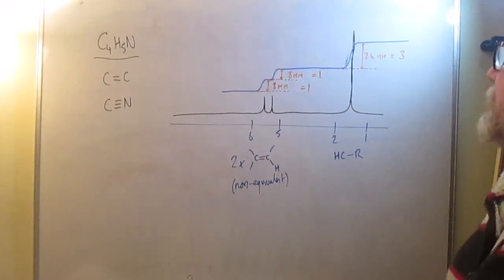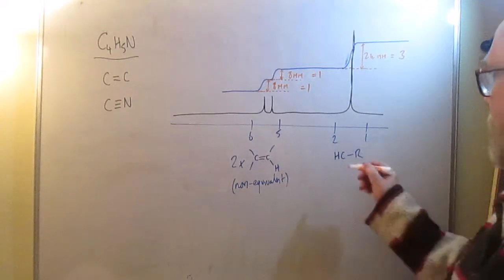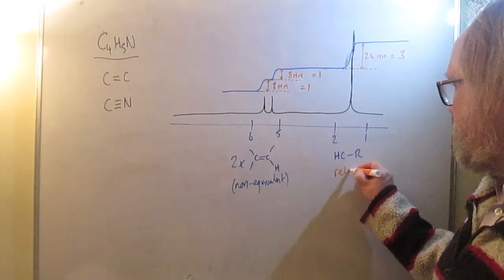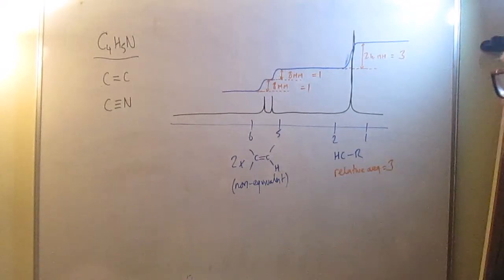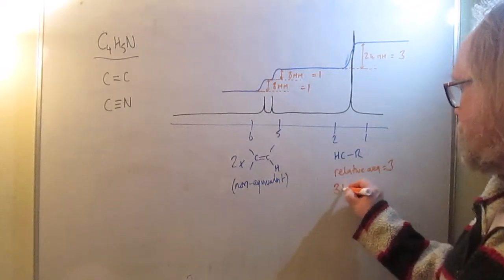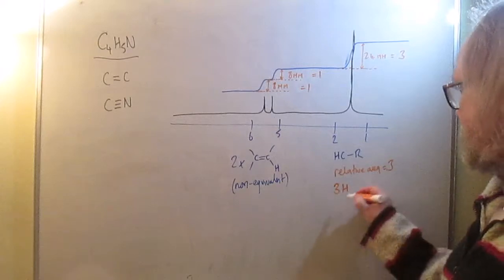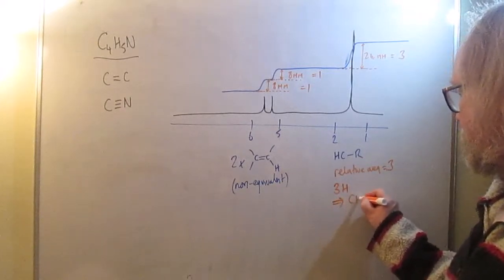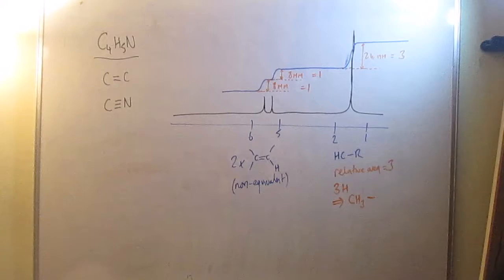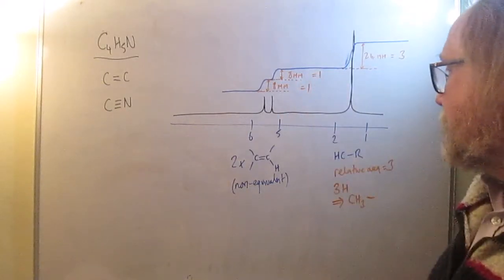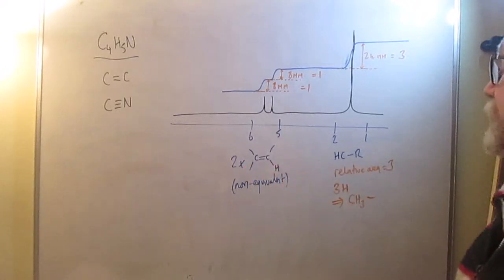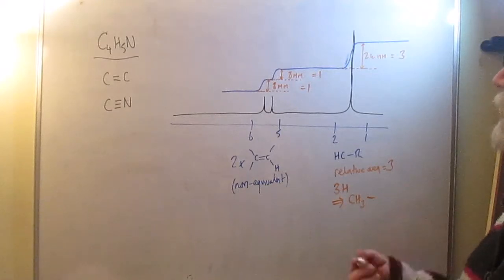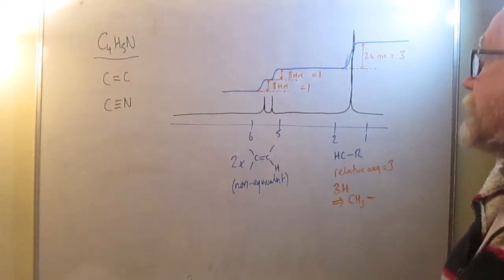So what that tells you is that the HCR peak has a relative area of 3, which means that there are 3 hydrogens, which is likely to mean a CH3 group. And these each have an area of 1, which is what we'd expect because we know we've got 2 non-equivalent hydrogens there.